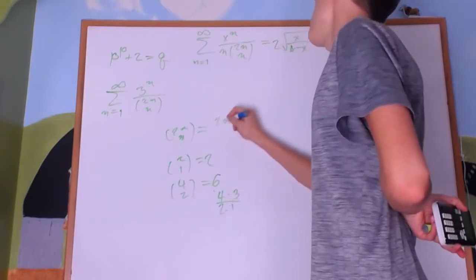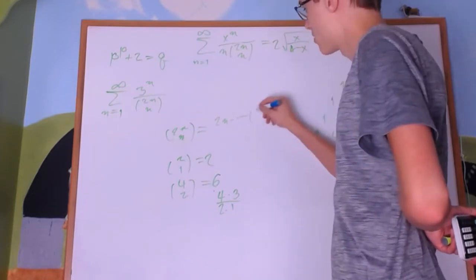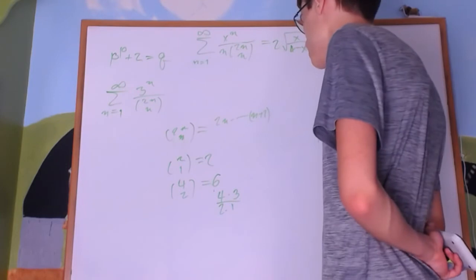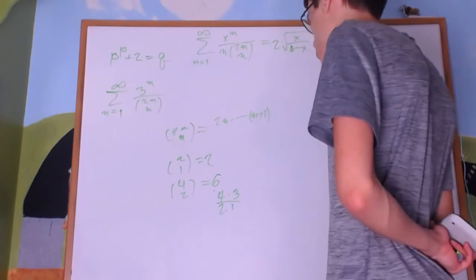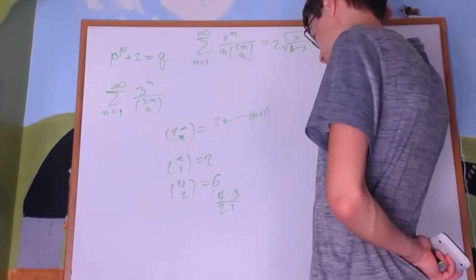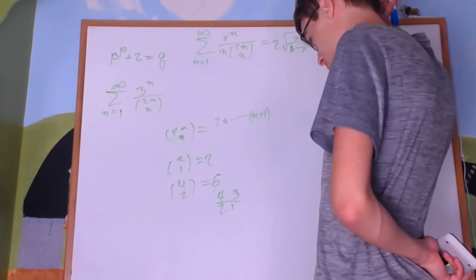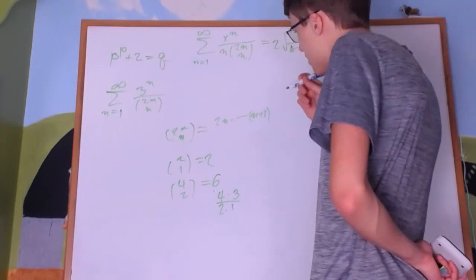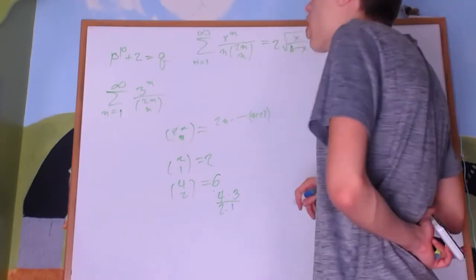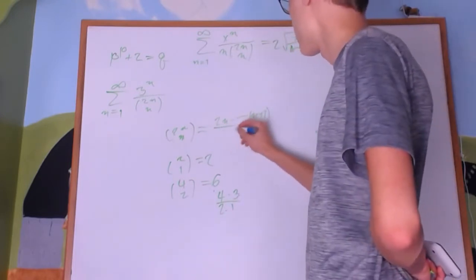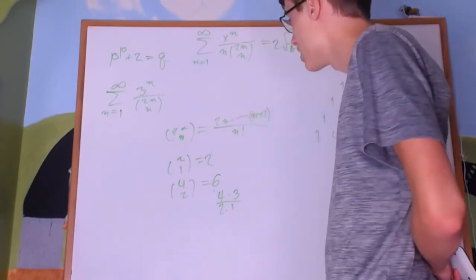Alright, so you have 2n all the way down to n plus 1. Is it always n plus 1? Whatever the lowest. It's 2n down to n plus 1, and then on the bottom, you have n factorial.